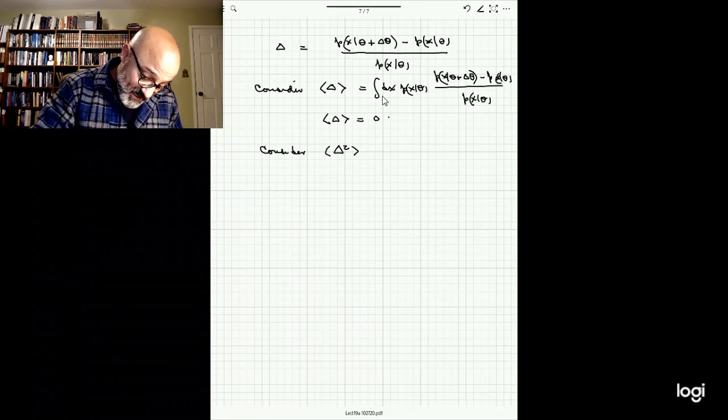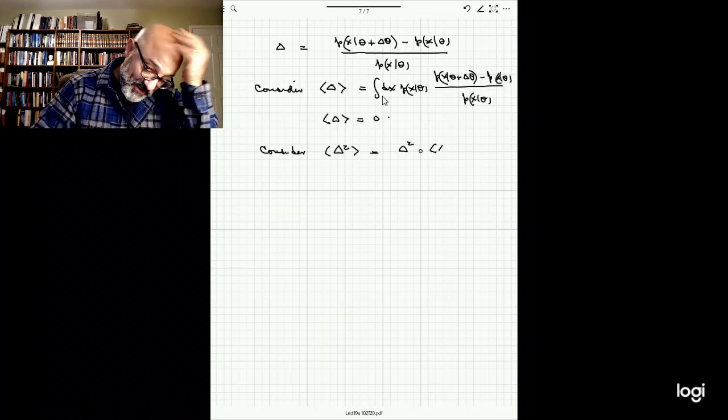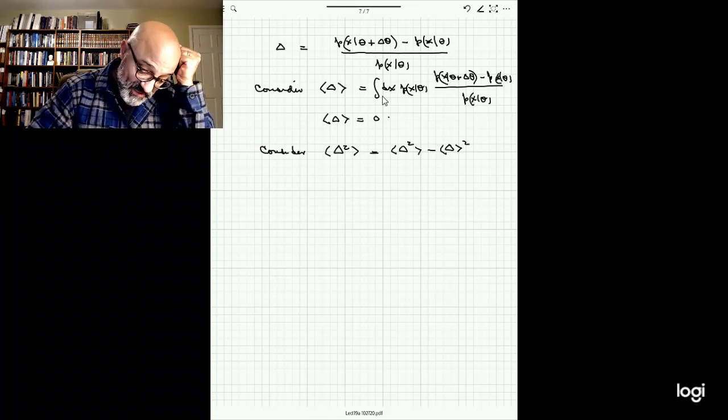In fact, because this is the same as, let me write it like this. This is the same as the average squared, because this object here is 0.